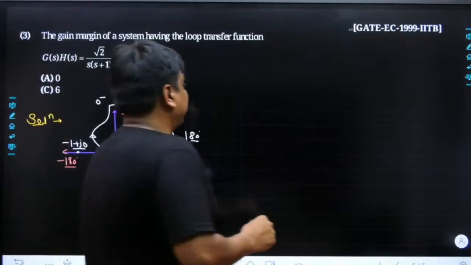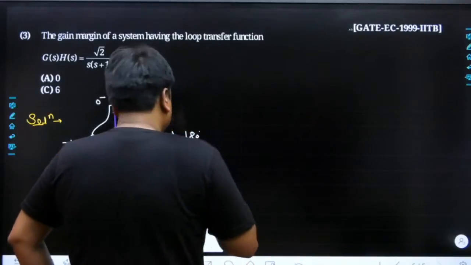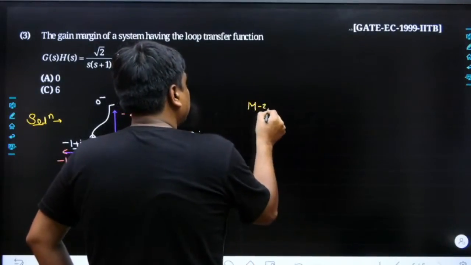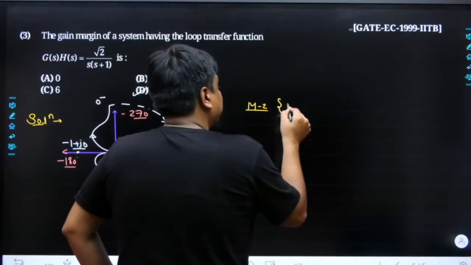You could have taken a different methodology. You could have used the second method, and that is the Routh-Hurwitz method.